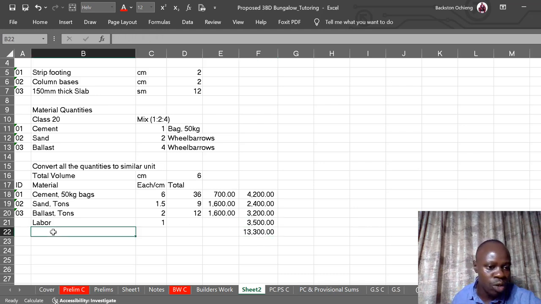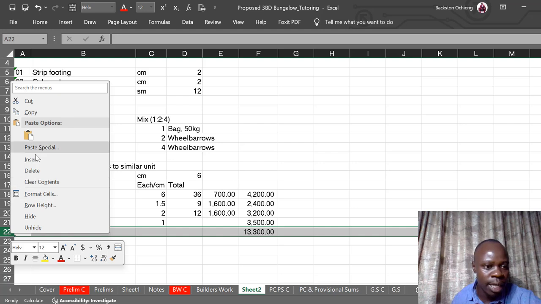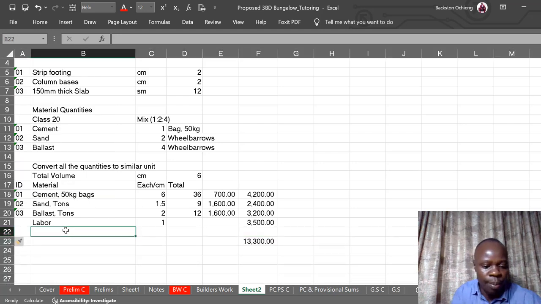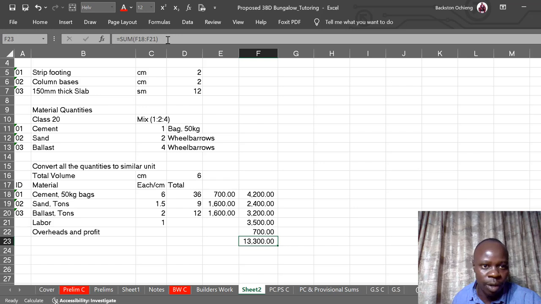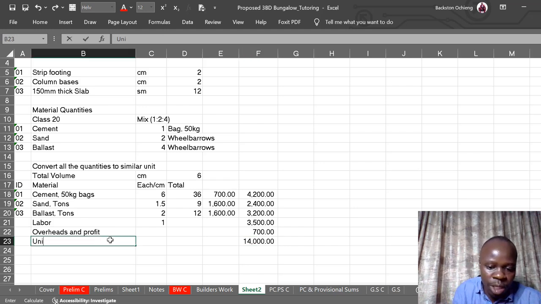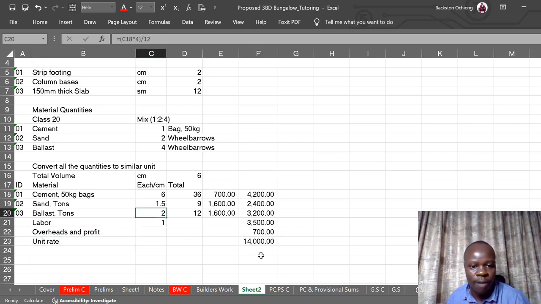And of course, you don't forget to add some overheads and profit, say 700 shillings for every cubic meter. Then you add that, you get around 14,000 as a unit rate for concrete.